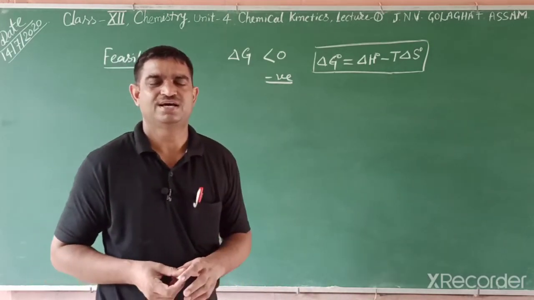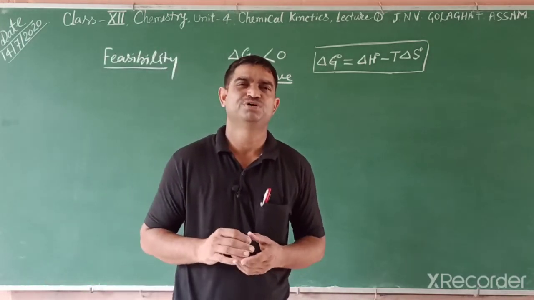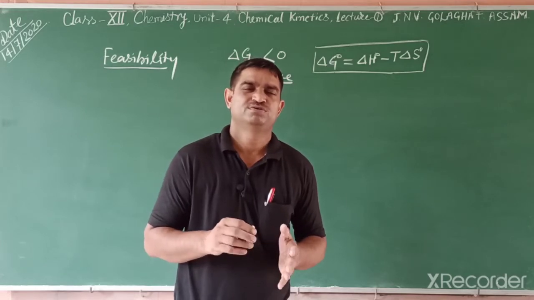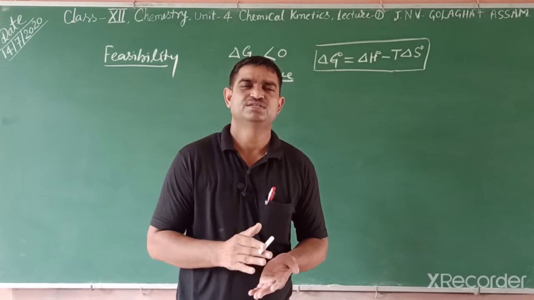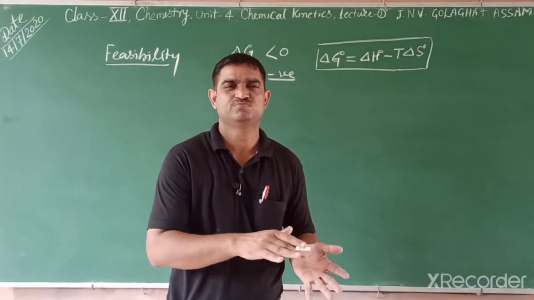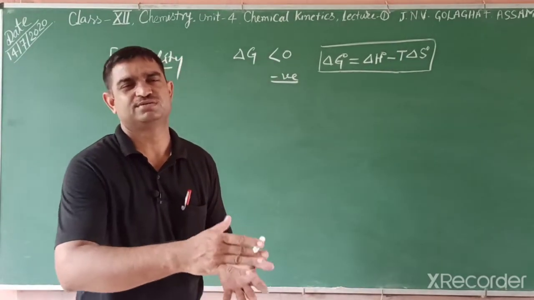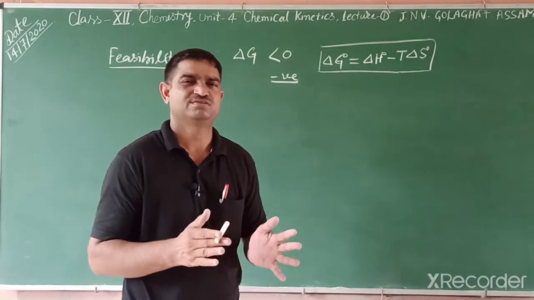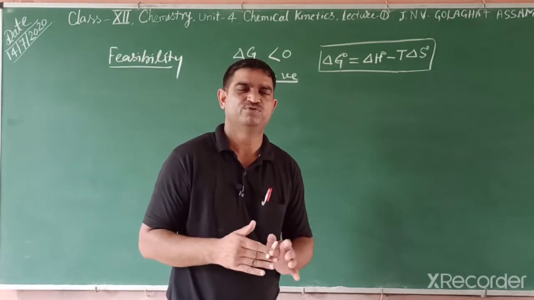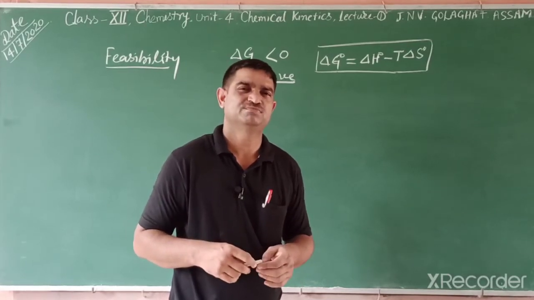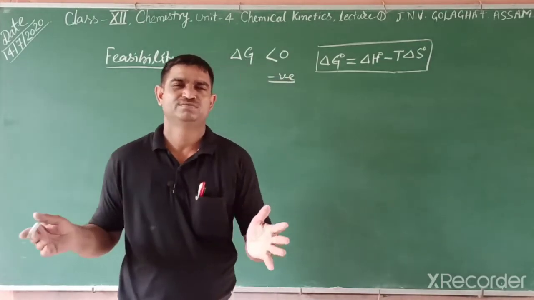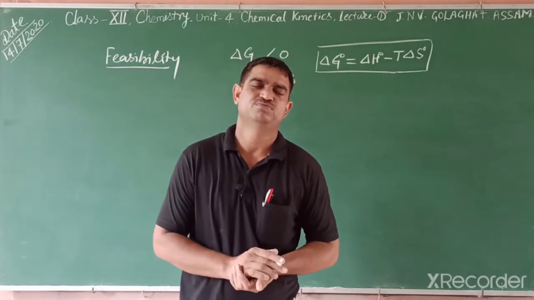Other reactions are like hydrolysis of cane sugar or hydrolysis of ester. Cane sugar and ester hydrolysis are moderate reactions, meaning they take some time, because there are covalent bonds, and covalent bond breaking and new bond formation takes some time. So students, we can divide reactions normally into 3 types.